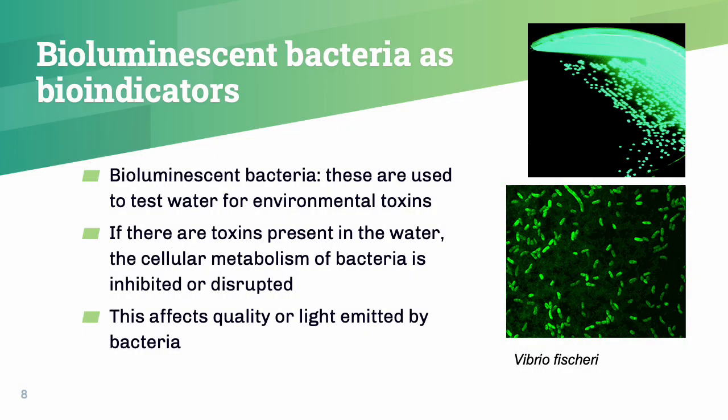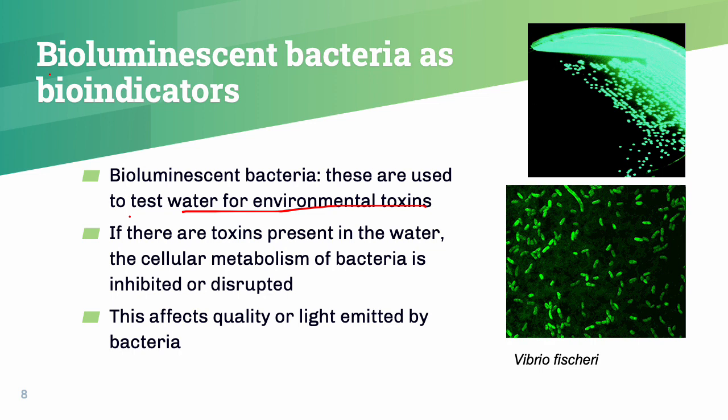Okay? So we also have here bioluminescent bacteria as bioindicator. So when we say bioluminescent, of course, these are light emitting bacteria that could be found sa mga oceans, sa mga bodies of water, particularly sa ocean. So bioluminescent bacteria, these are used to test water for environmental toxins.